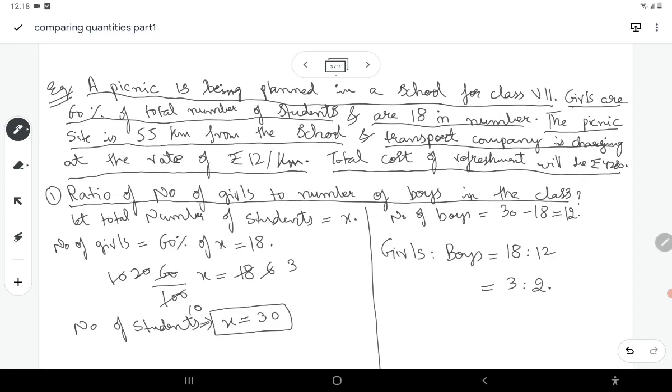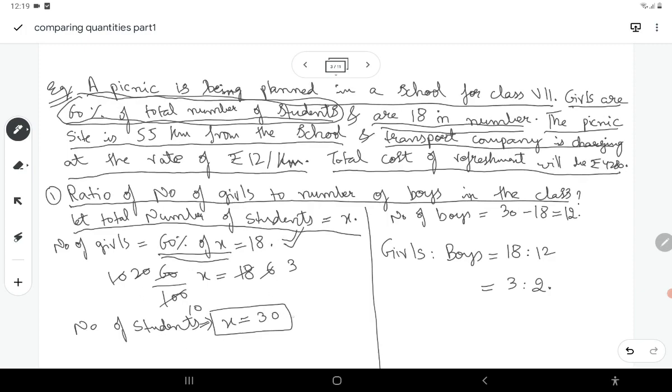The total number of students is not known. So let the total number of students be x. Also it's given that 60% of the total number of students are girls. So 60% of x is girls, and they are 18 in number. So 60% of x is equal to 18.